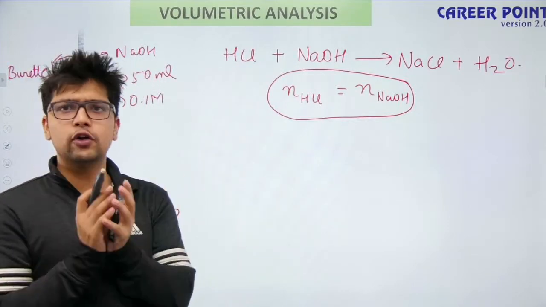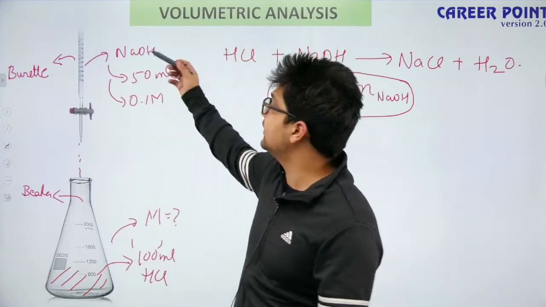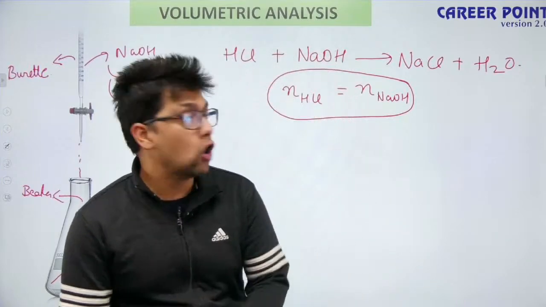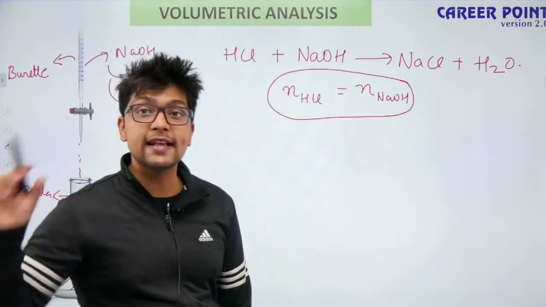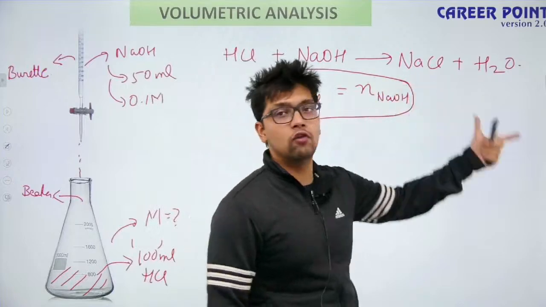If I took, let's say, 10 moles of HCl and I am adding 10 moles of NaOH from the burette, then at that point the whole NaOH will react with the whole HCl. My acid will react with my base, and we will get a salt and water.